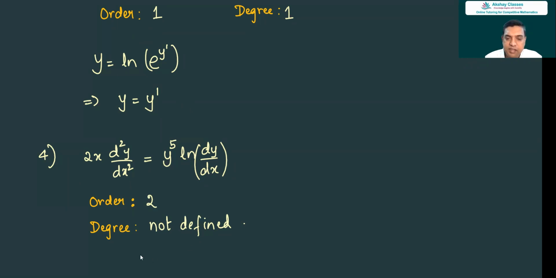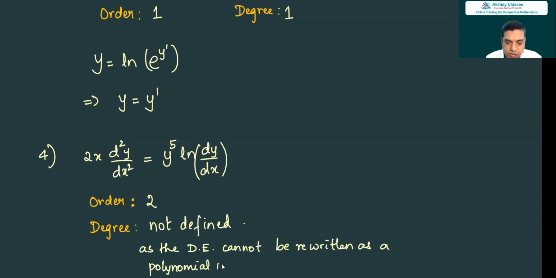The differential equation cannot be rewritten as a polynomial in derivatives. Suppose I remove the log, then I will get an exponential, e power second derivative of y. So I cannot remove either the logarithm or the exponential. So that's why it is not defined.